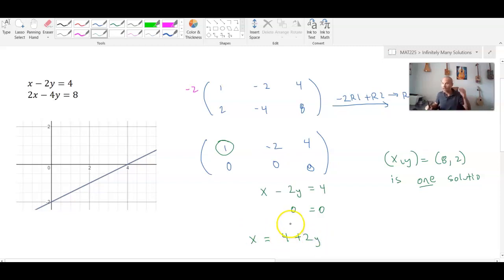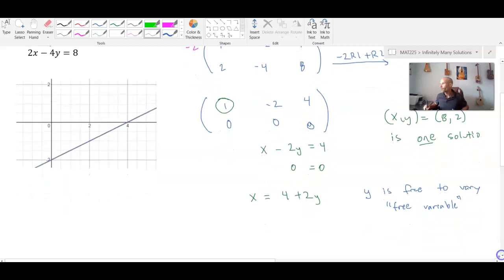Now the second equation did not give me any information about what y could or could not be. Therefore I'm free to pick its value, and I'm going to say that y is free to vary. In mathematics we often call this a free variable because it is a variable and it's free to vary. So I have to think of a value that would work here, but there are infinitely many of them.